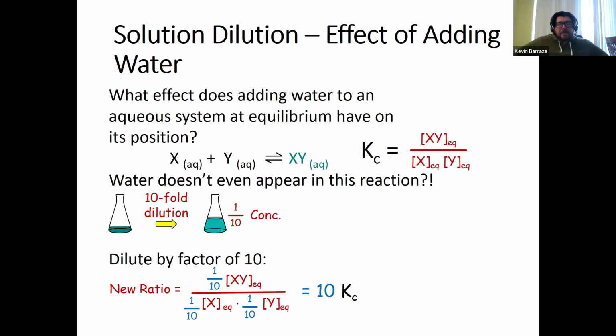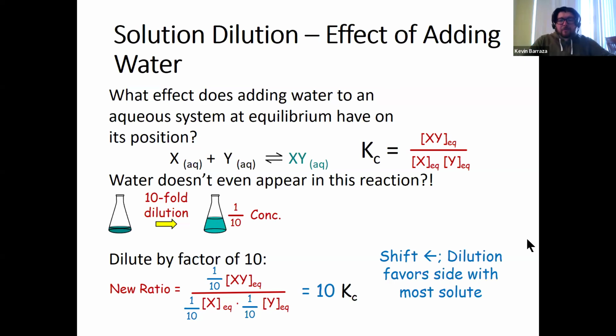Yeah, we have too much product. So even though water is not a part of this reaction, it messes up everyone's concentration. And the result is that our reaction has to use up too much product. It has to go to the left. So the reaction shifts to the left.